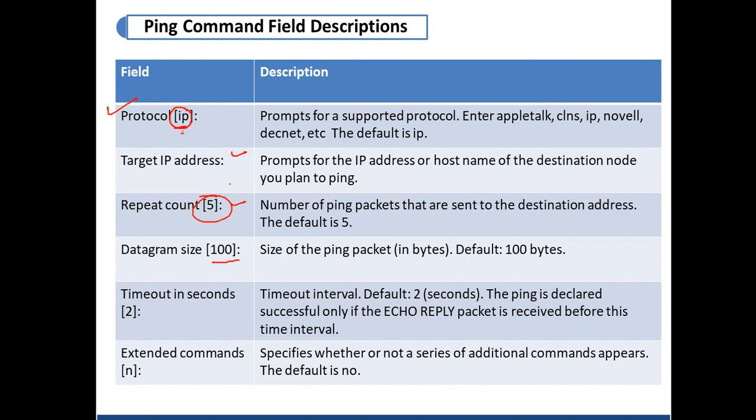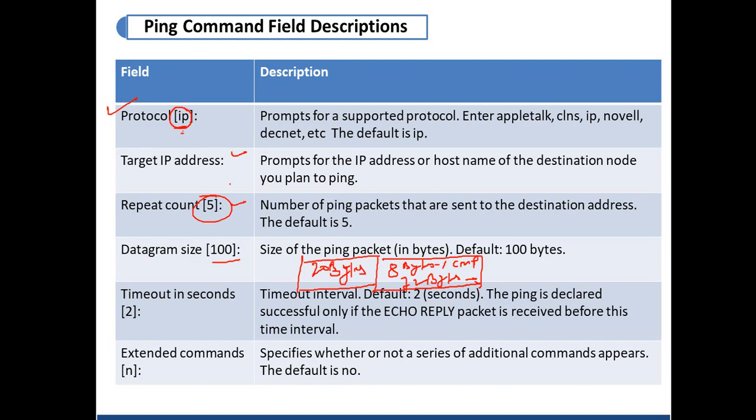Datagram size is 100 bytes, but 100 bytes means 20 bytes of IP header, and inside that ICMP has an 8 bytes header, and the rest, 72 bytes, is the data part only.